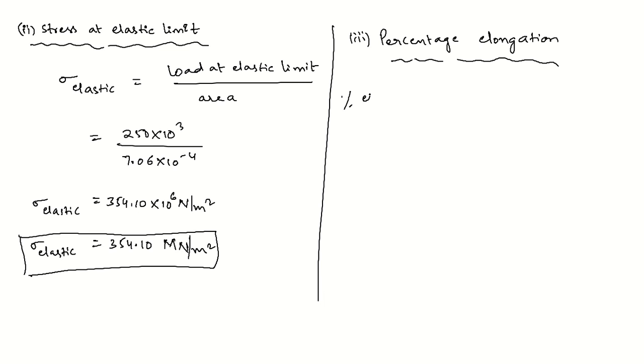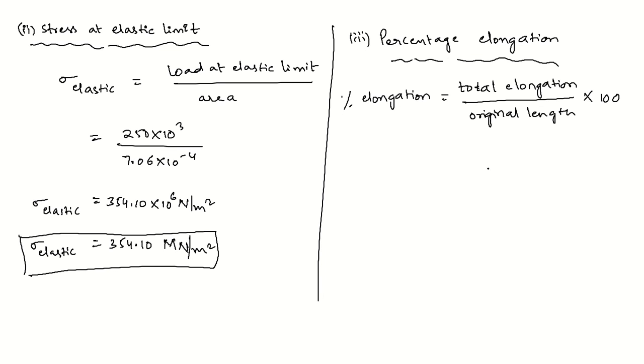So percentage elongation is given by the formula: total increase in length, or you can say total elongation, divided by the original length, into 100 will give you the value of percentage elongation.